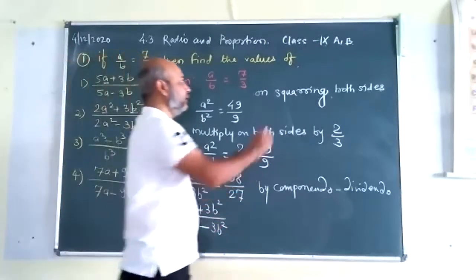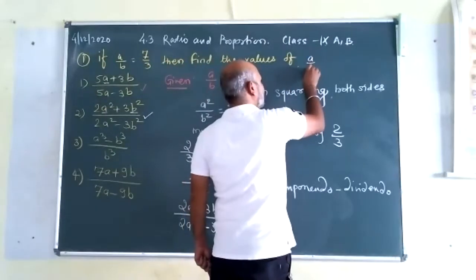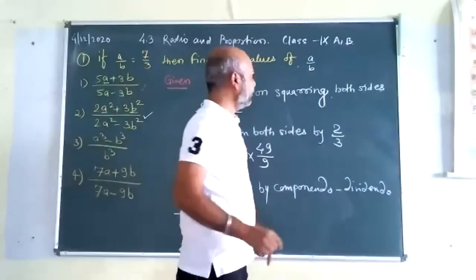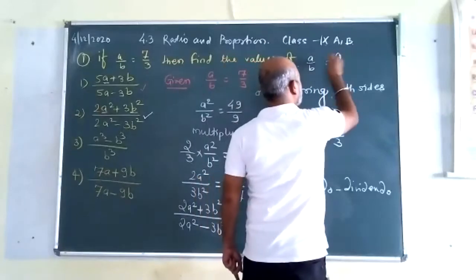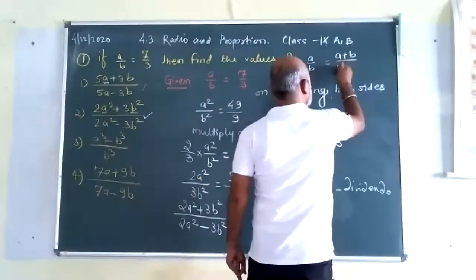Because you know very well, if there is a ratio of a upon b, when you use componendo dividendo, you get a plus b upon a minus b.